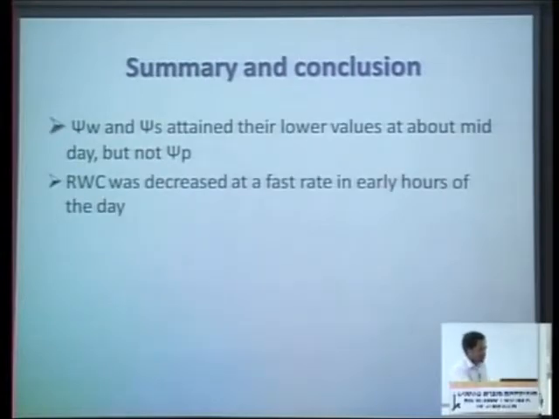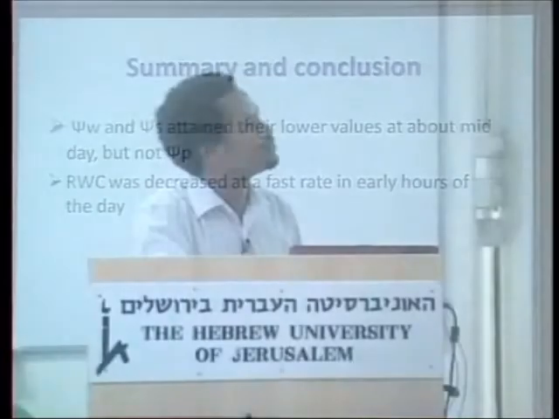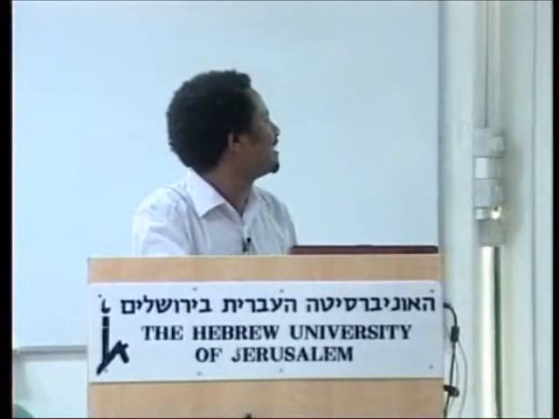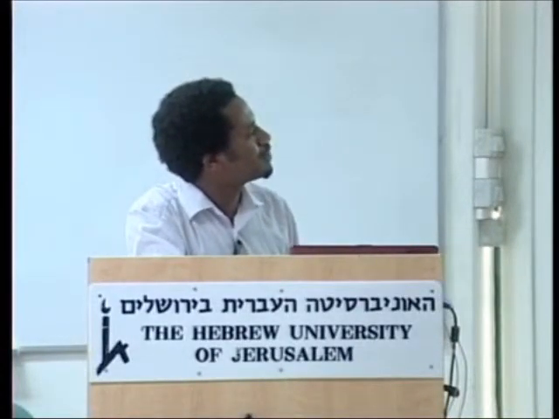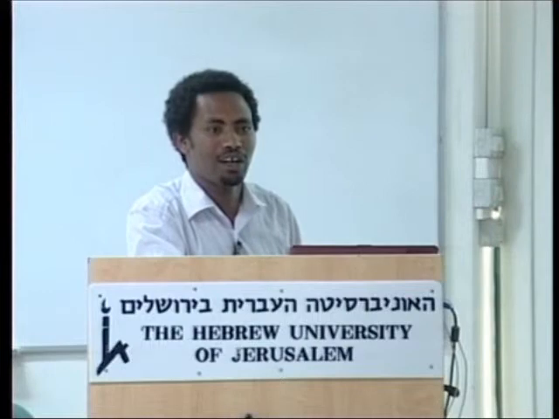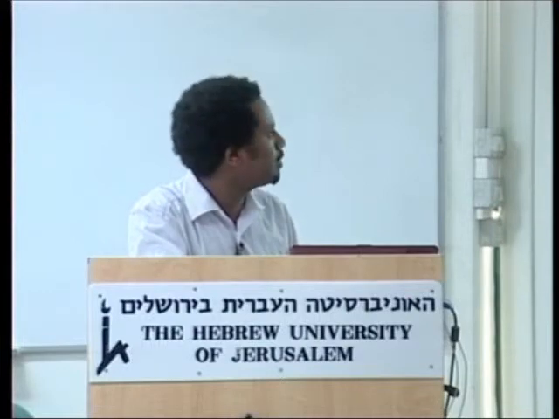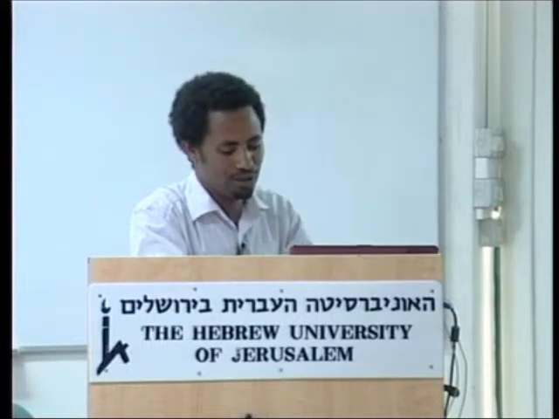So in conclusion, water potential and osmotic potential attain their lower values at the midday, but not pressure potential. Pressure potential continues decreasing until we end the experiment. Relative water content decreased at a fast rate in early times, but then it keeps steady.